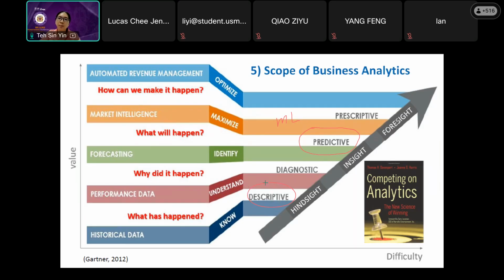You are just reporting your business sales average value, how many quantity you have sold out. But when you go to predict, you are trying to forecast how many quantity you should prepare next month, how many units you should develop so that you can fulfill the demand of your customer. You see the difference or not?